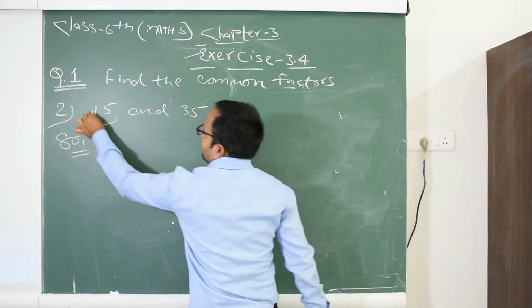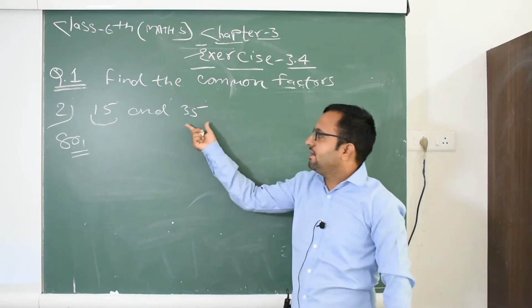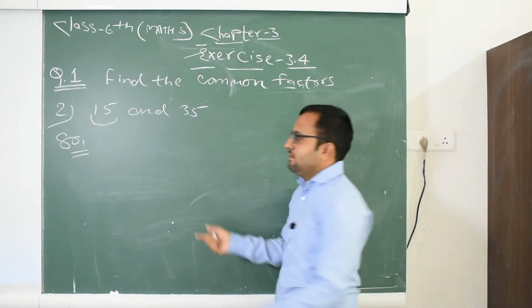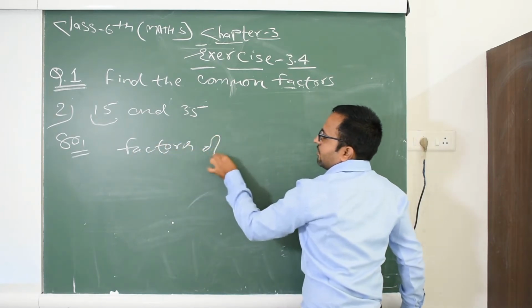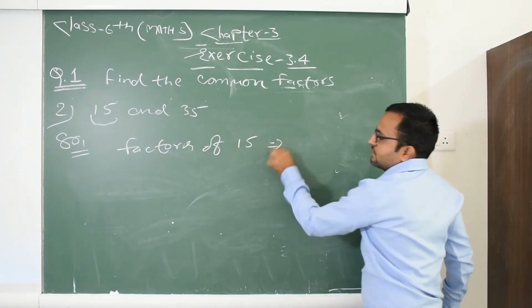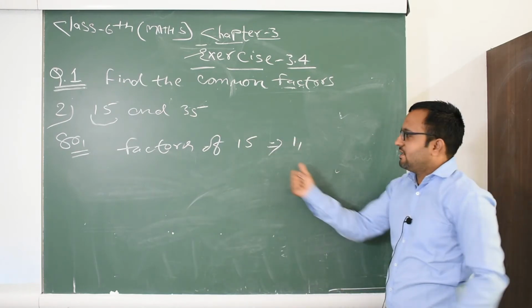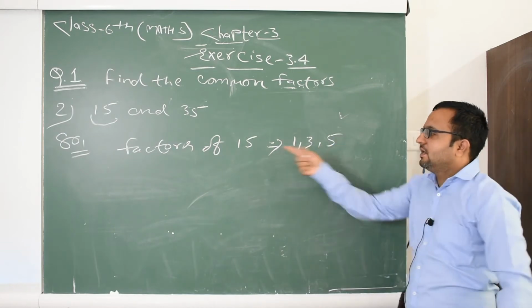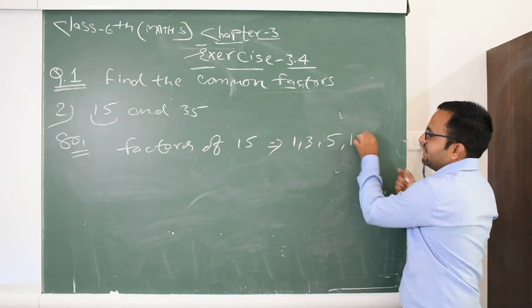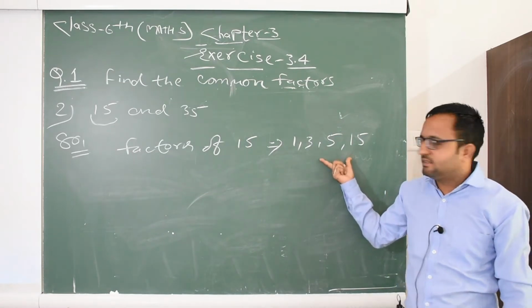Now first we find out the factors of 15 and the factors of 35. First, the factors of 15. So what are the factors of 15? 1 15 is 15, 3 5s are 15, 5 3s are 15 and 15 ones are 15. So these are your factors of 15.